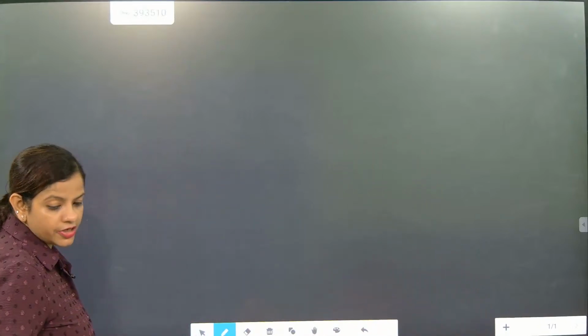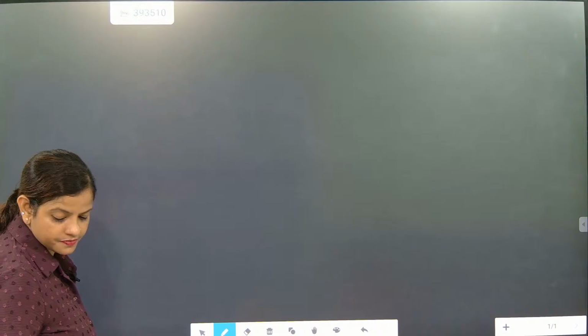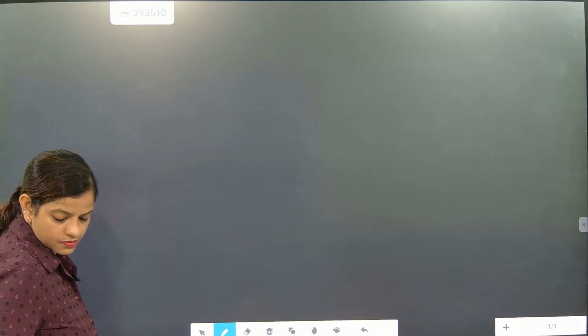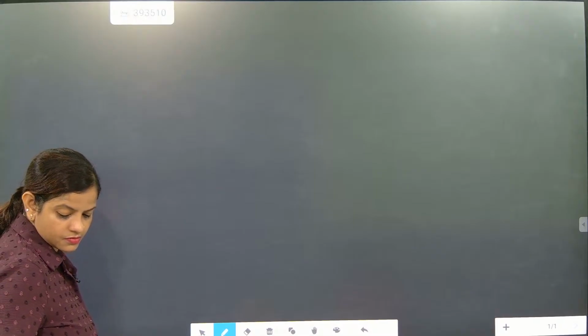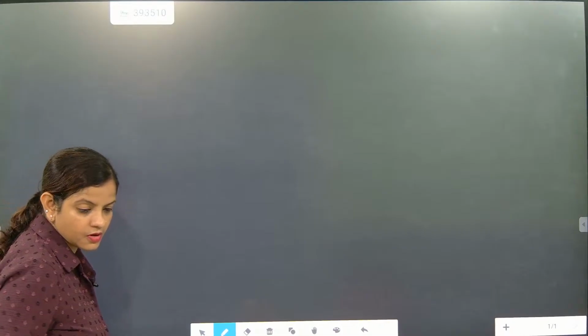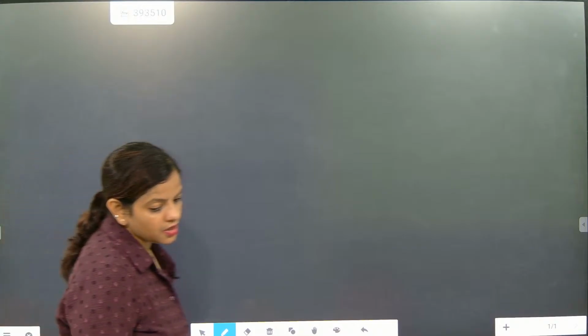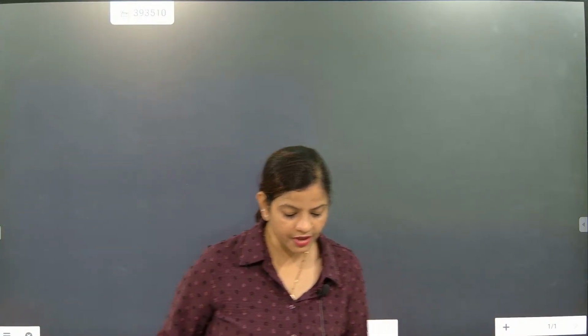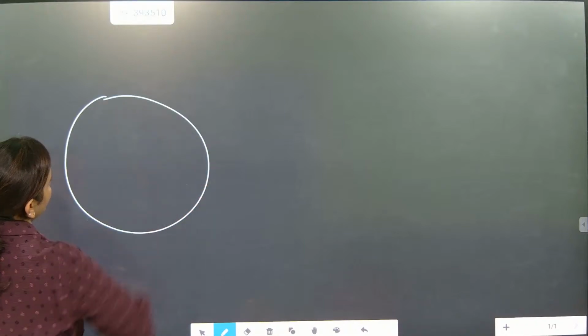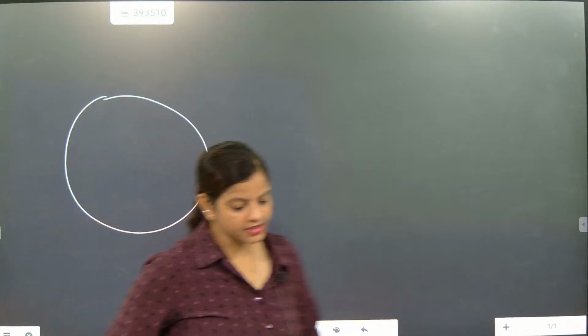Let's say a circular park of radius 20 meters. This is a very important question. A circular park of radius, how much is coming, beta? 20 meter. Note down.